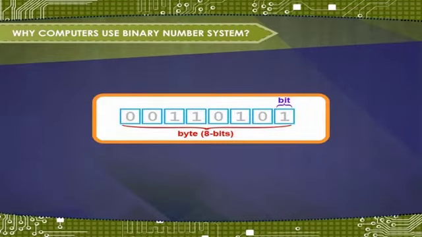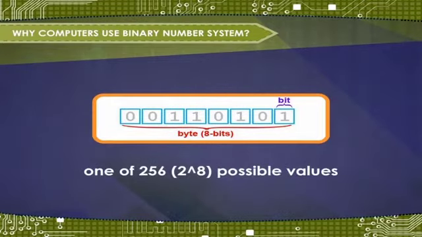A series of 8 bits makes a byte. This is an ordered sequence of 8 bits that can represent one of 256, or 2 to the power of 8, possible values. So, a byte of memory can store a decimal number in the range 0 to 255.